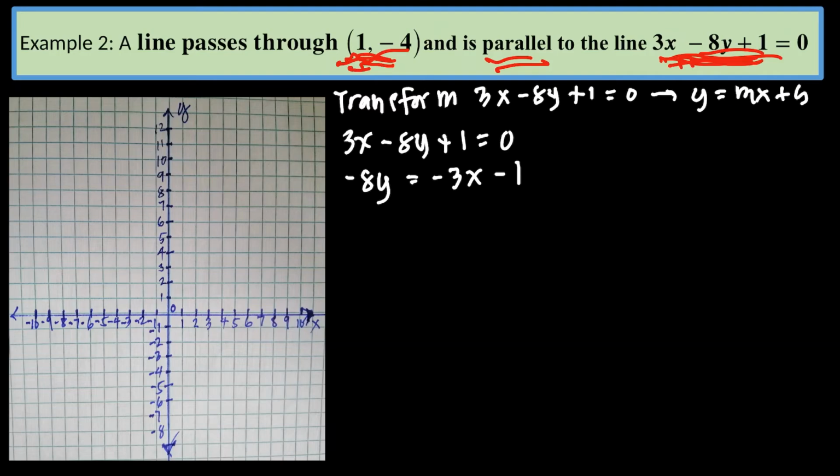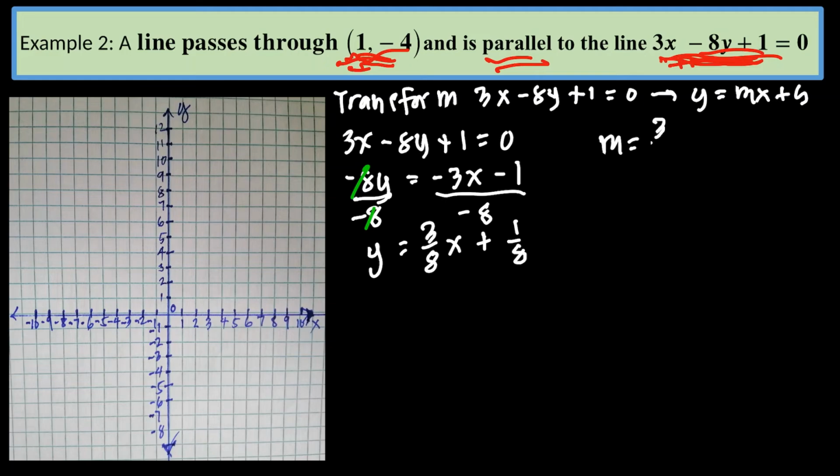Dividing both sides by negative 8 to make the numerical coefficient of y equal to 1, negative divided by negative gives positive, so y equals 3 over 8 x plus 1 over 8. Obviously the slope here is 3 over 8, and the y-intercept is 1 over 8.